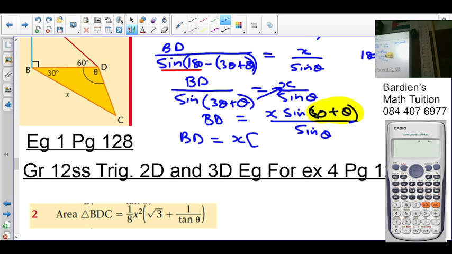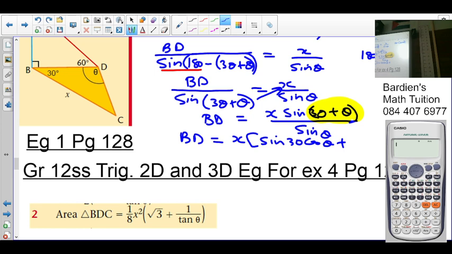No problem, miss. Okay. So sine of 30 plus theta, using the sine rule for sine alpha plus beta, is going to be sine alpha cos beta plus sine beta cos alpha.